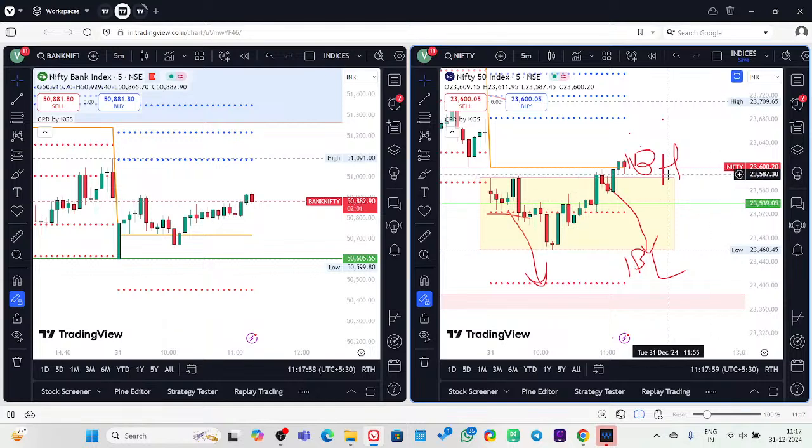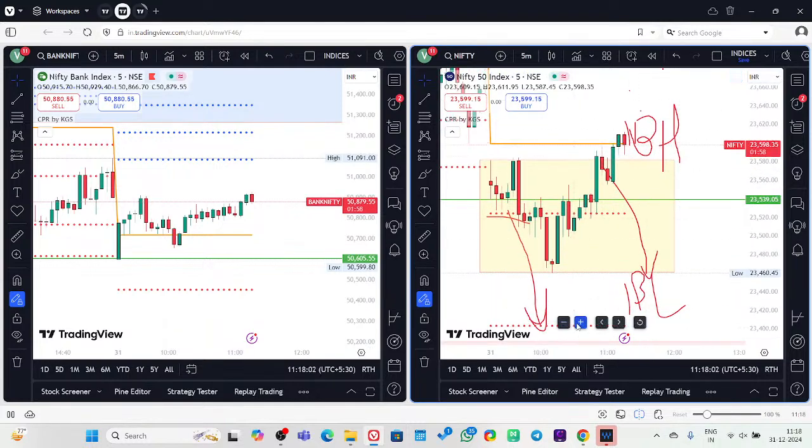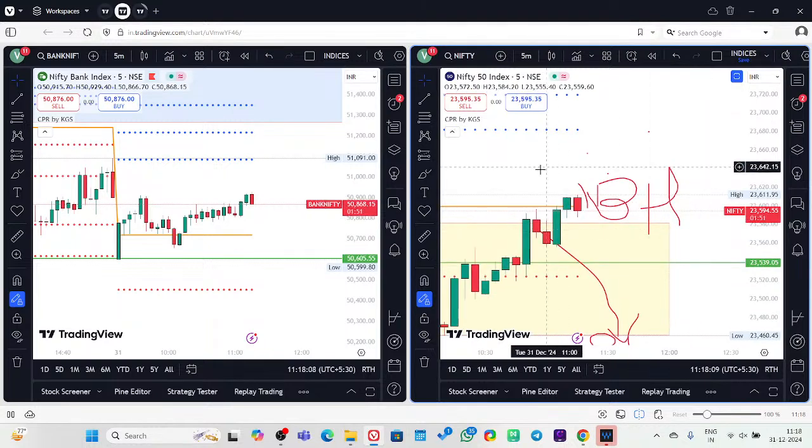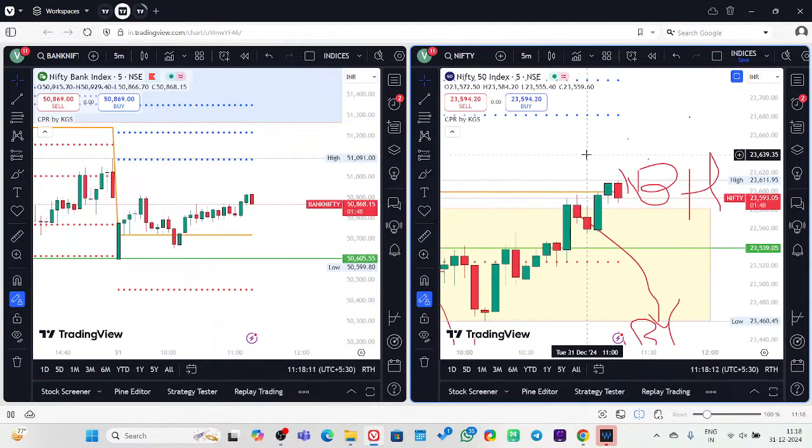See, now it is rejecting at this level. One more minute to close this candle.